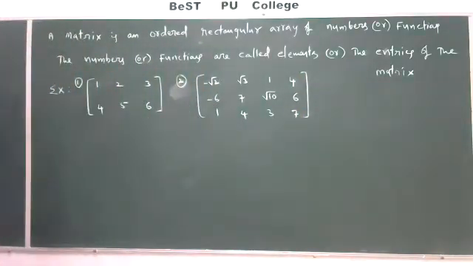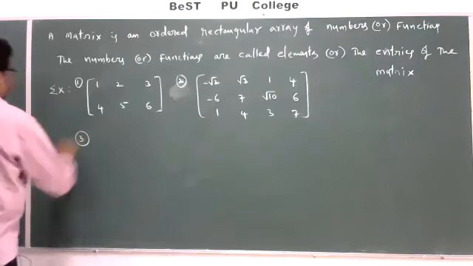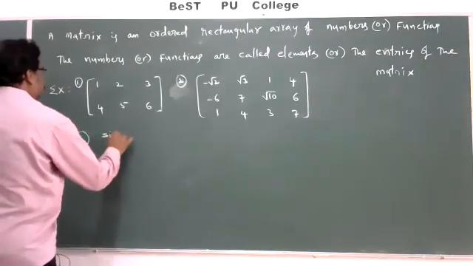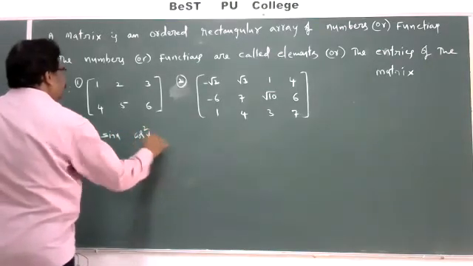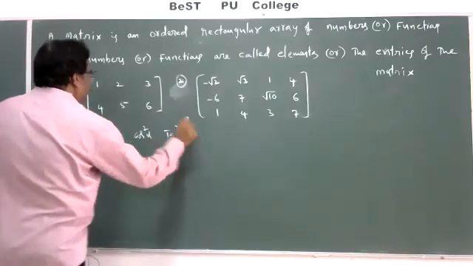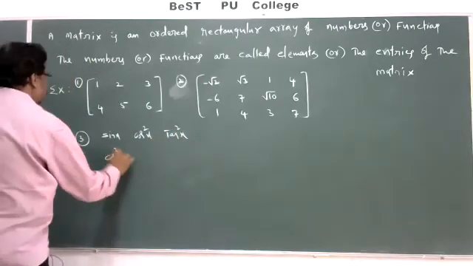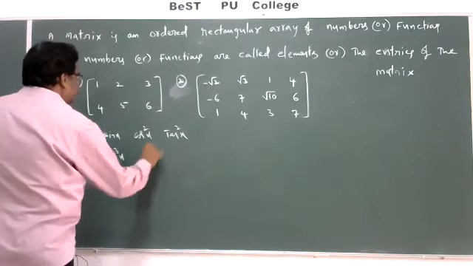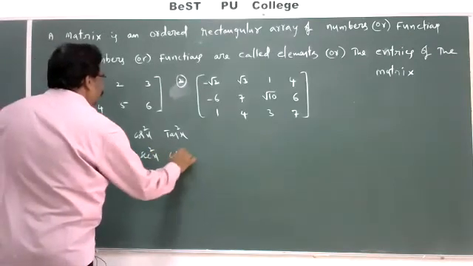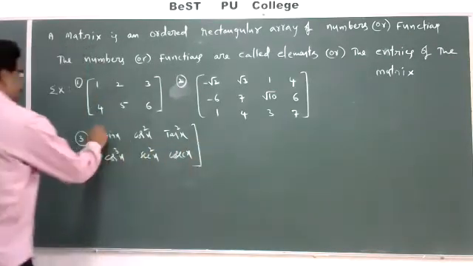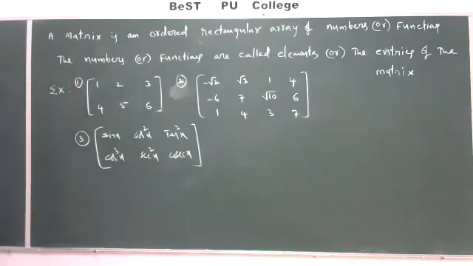Second example. And third example, sin x, cos square x, tan square x, cos cube x, secant square x, cosecant x. These are examples of matrices.